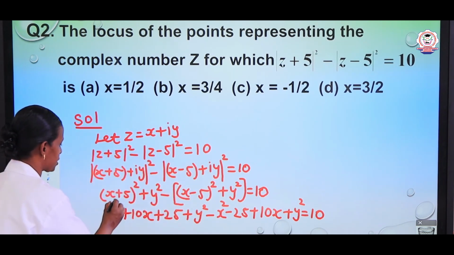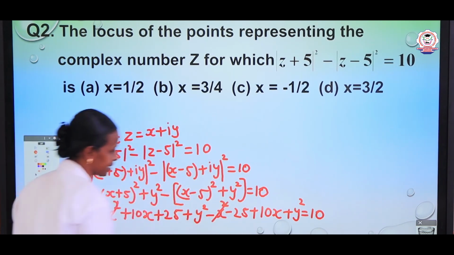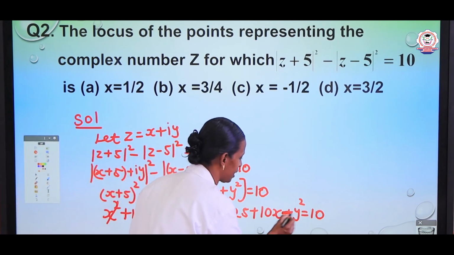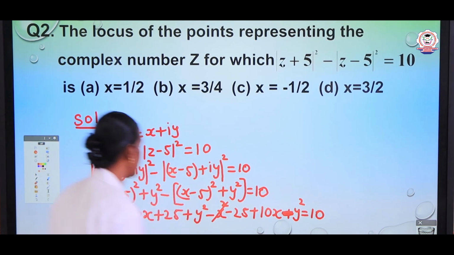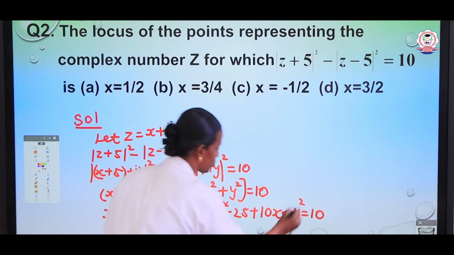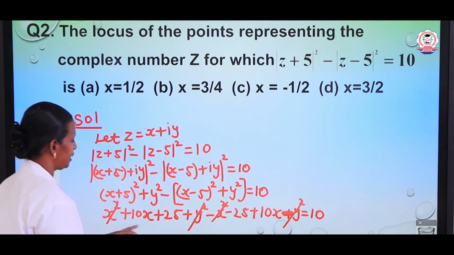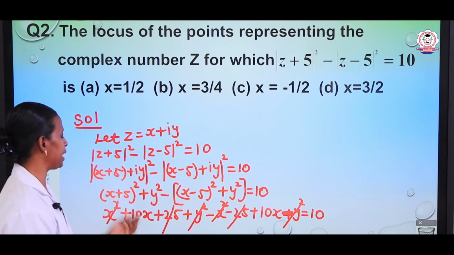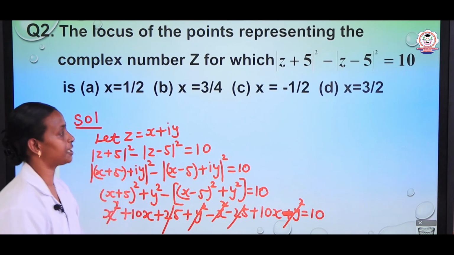So plus x square minus x square get cancelled, then minus y square, plus y square minus y square get cancelled, plus 25 minus 25 get cancelled. The remaining term is 10x plus 10x, that is 20x.